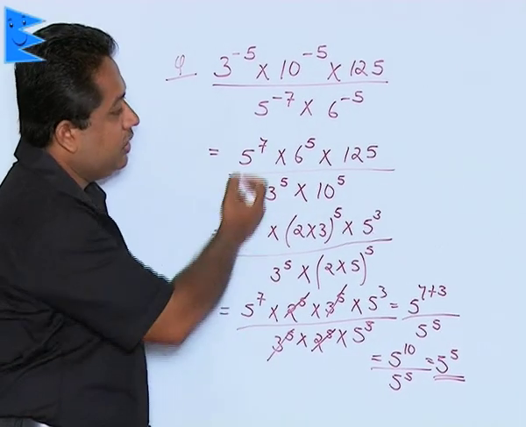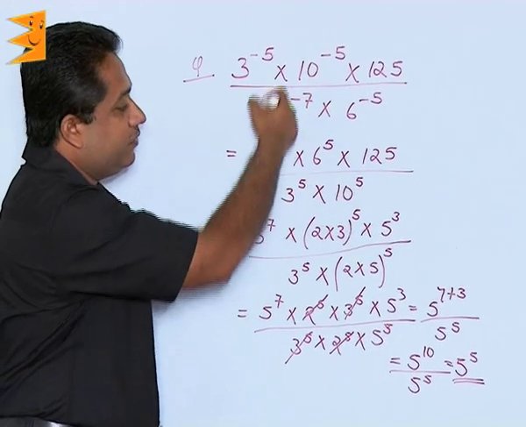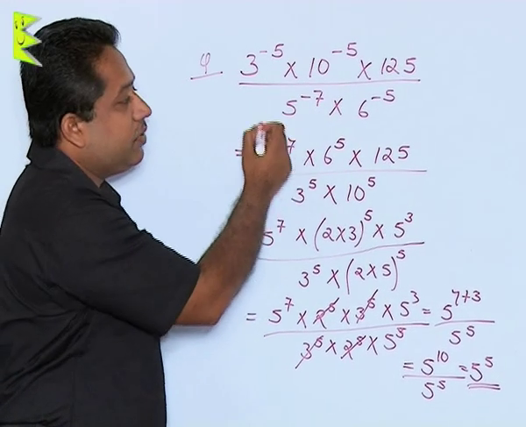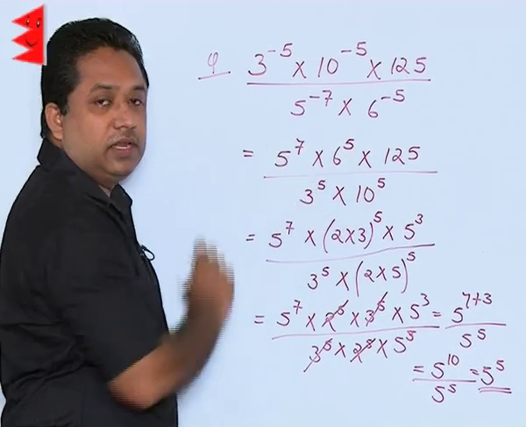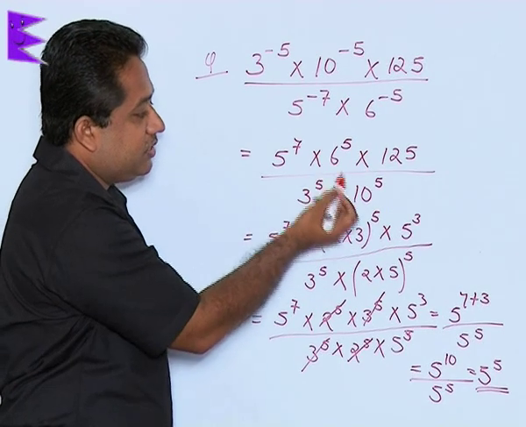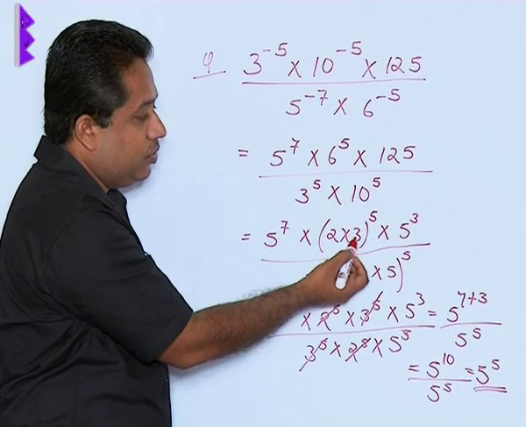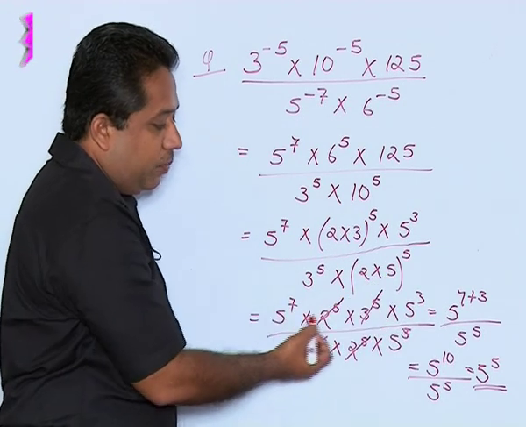So we have been using laws of exponents here. In the first step, we have converted the negatives to the positives. All the powers which were negative have been converted to positive by taking their reciprocals. So this has become positive. Then we split 6 and 10. 6 we have split into 2 into 3 and 10 we made it into 2 into 5 and then opened the brackets.